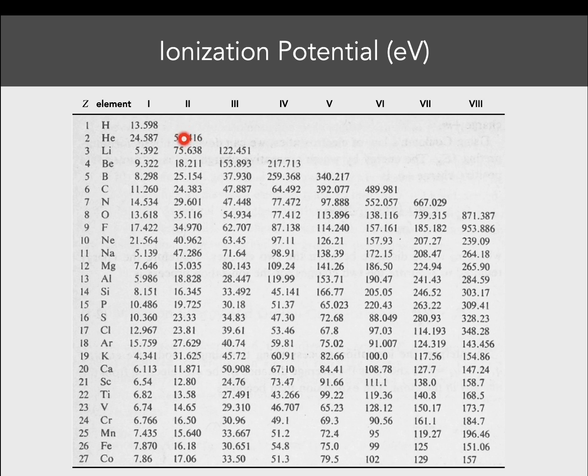So it takes 54 electron volts to ionize already singly ionized helium. It takes 122 electron volts to ionize doubly ionized lithium, so that you would only be left with a bare nucleus. So you can see you need more and more energy to completely strip away that last remaining electron as you go down the periodic table.